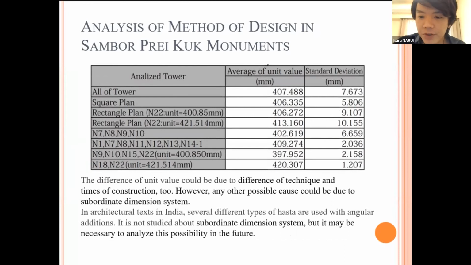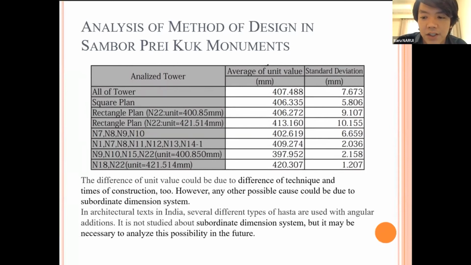The difference of unit value could be due to the difference of technique and times of construction too. However, another possible cause could be a subordinate dimension system.